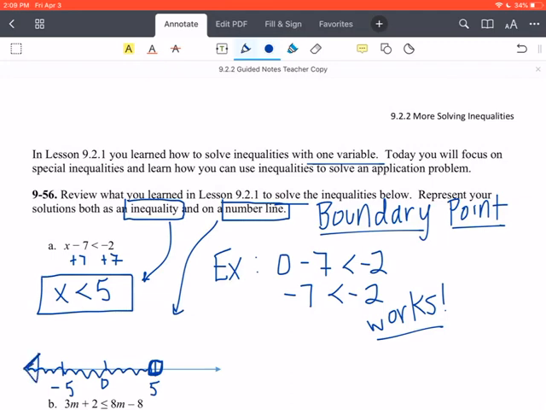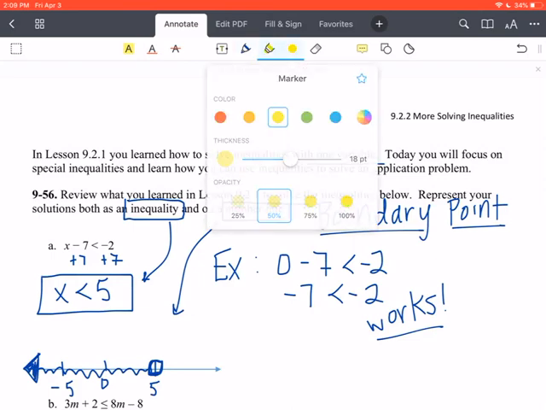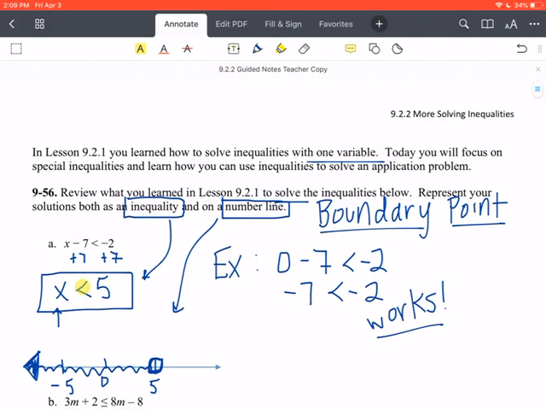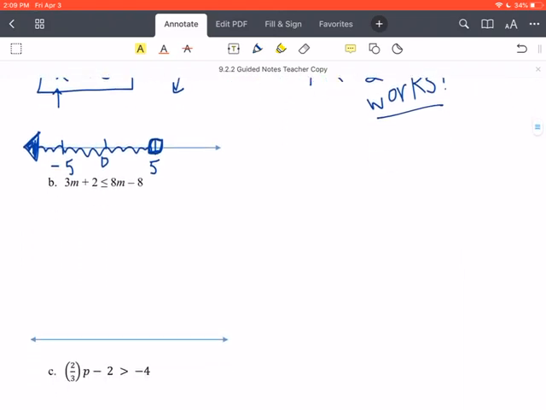Like we pointed out yesterday, the inequality symbol, the gator mouth, can look like an arrow pointing in the direction you need to shade, just so long as the x is on the left side. It has to be, or else it's going to be opposite. Okay, moving along to the next problem.